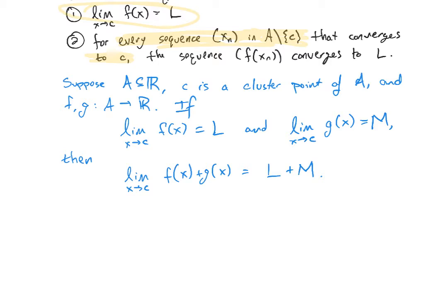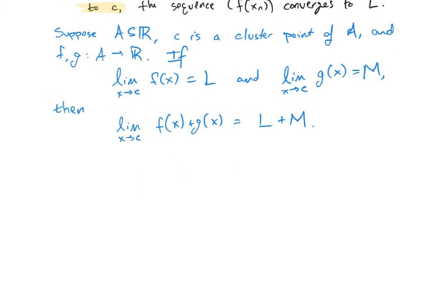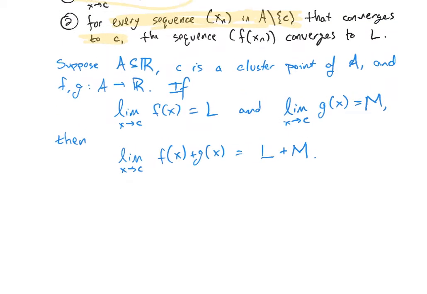Now, let me first point out we haven't proved this yet. We don't know this yet. We could give a proof just straight from the definition. It's not too hard. But since we've already done a proof of all of this stuff for sequences, let's just use it, okay?